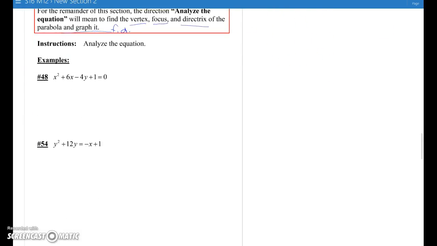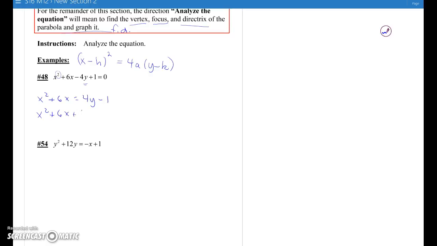So this one, we need to complete the square, so we can write it in this form of (x minus h) quantity squared equals 4a times (y minus k), because we see that the x is squared and the y is not. So let's keep everything with x on one side and everything that doesn't have an x on the other side. And then let's see, we need to take 6 and cut it in half. That's 3. Square that. That's 9.